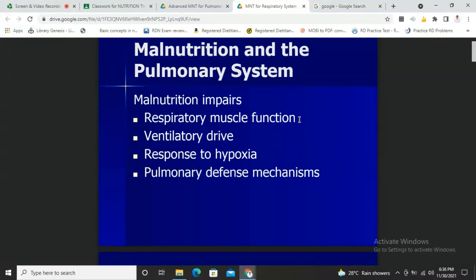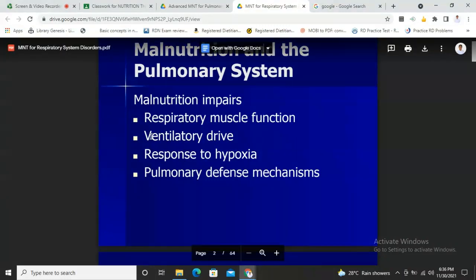Okay, so those are disturbances, those must be avoided. But when malnutrition is present, those disturbances are really likely to occur, because that's the negative impact of malnutrition.